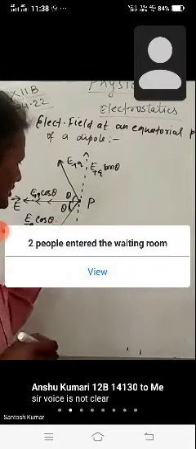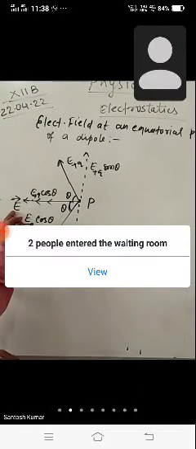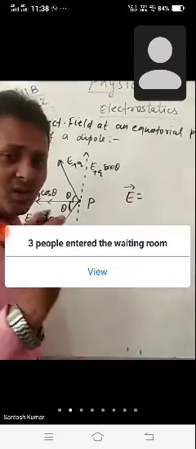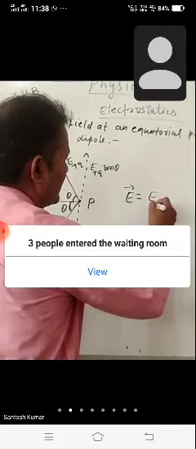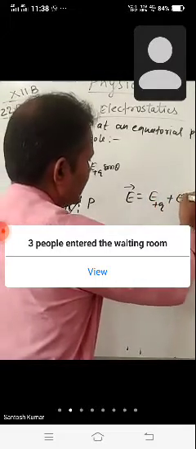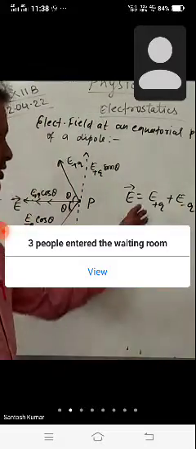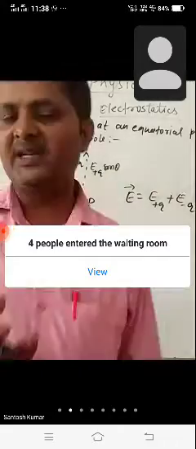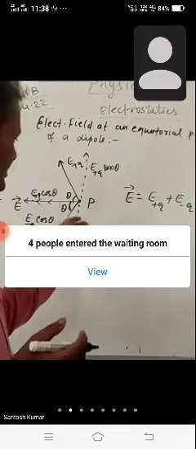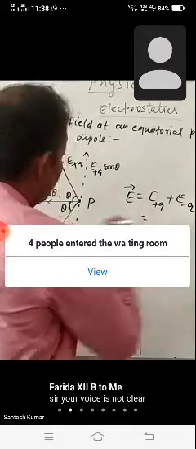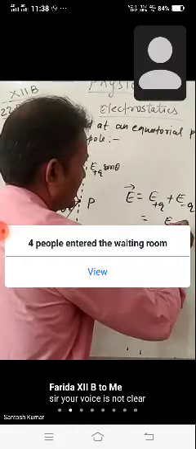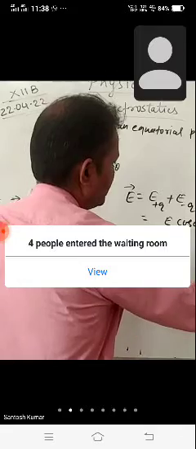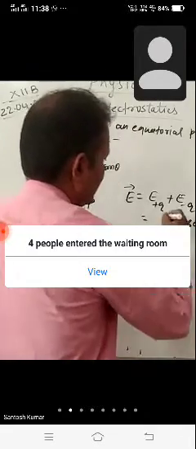So we had just got that the total electric field E is simply E plus Q plus E minus Q. In both the cases, the components that cancel each other, the remaining is simply E plus Q cos theta plus E minus Q cos theta with negative sign.